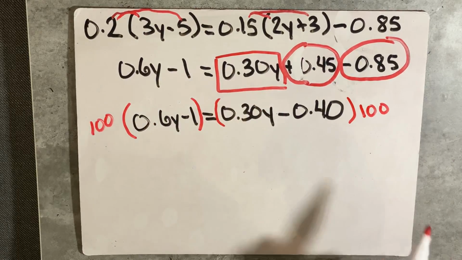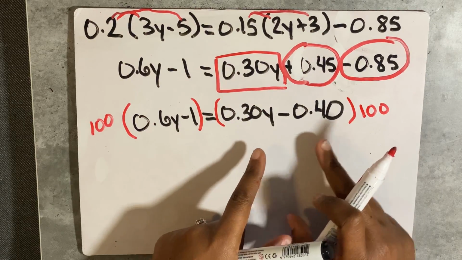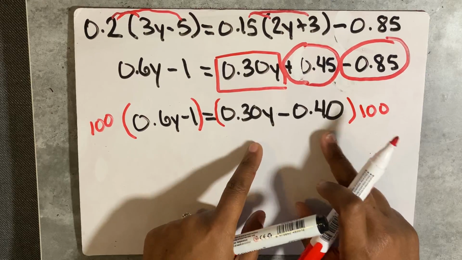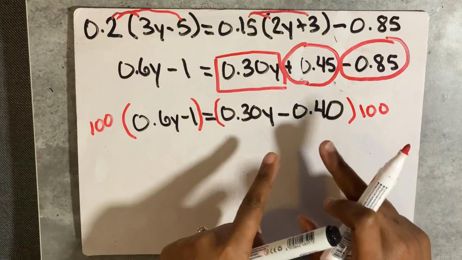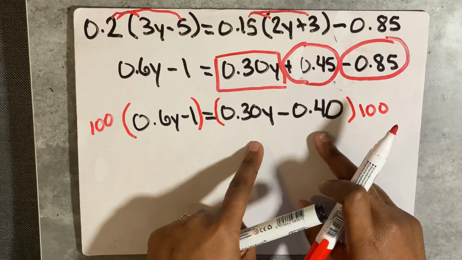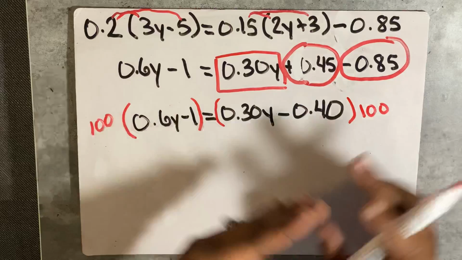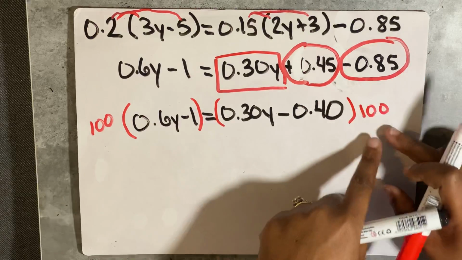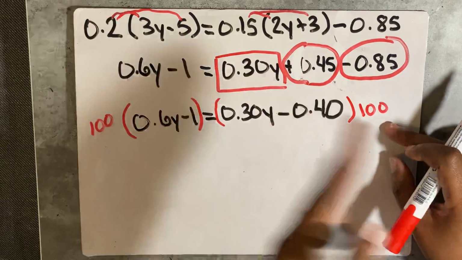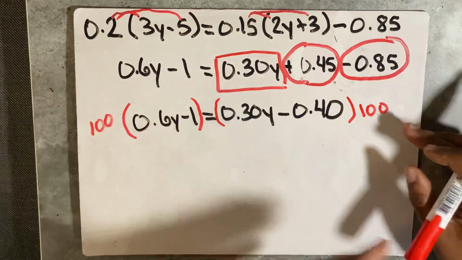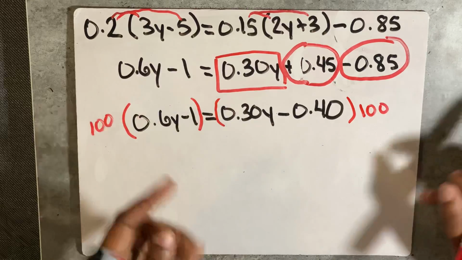And the reason I'm doing that is because the largest quantity that I have is in hundredths, or technically it's the smallest, but I'm going to say 100. Hundredths, 100, you get it? Tenths, 10, thousandths, 1,000, okay?